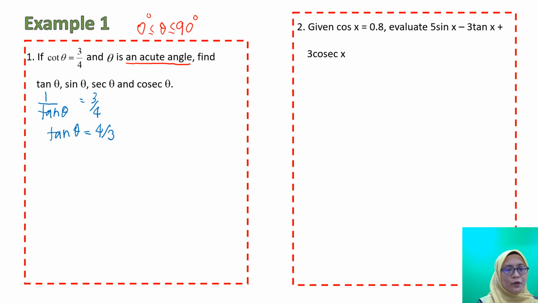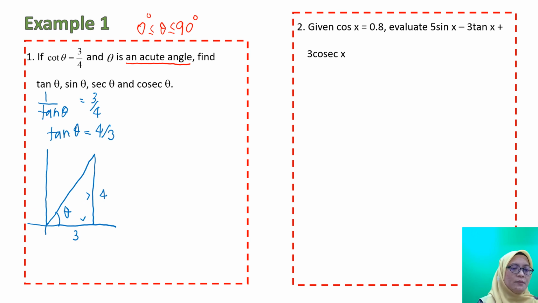Okay, so from here we draw a diagram. Because your theta is an acute angle, we have a diagram. So this is theta. From tangent theta is 4/3, tangent is opposite over adjacent, so opposite is 4 and adjacent is 3.